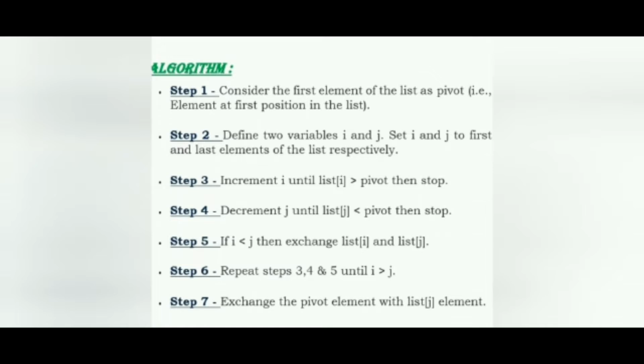If the condition i less than j is satisfied, then exchange the list of i and list of j elements. Repeat the steps of incrementing i, decrementing j, and exchanging the elements list of i and list of j if the condition is satisfied. Finally, to acquire the output, exchange the pivot element with the list of j element.